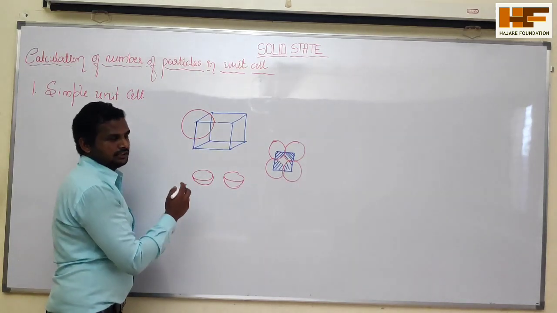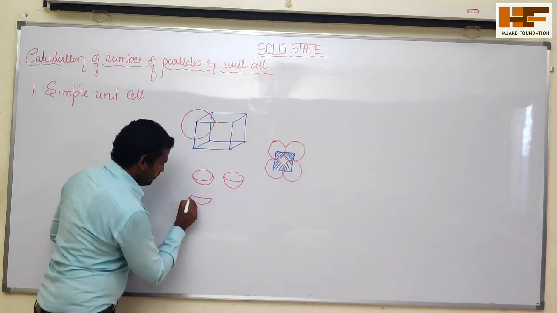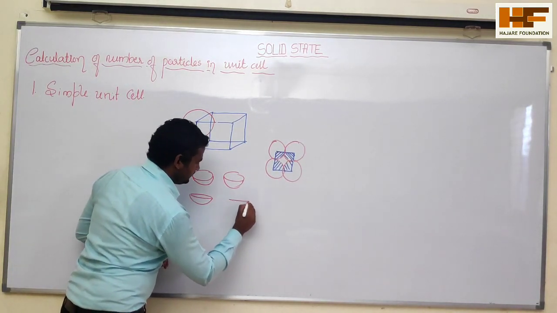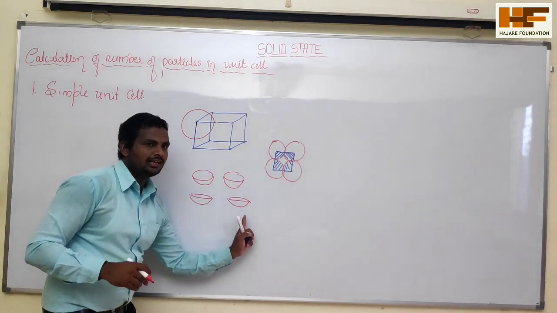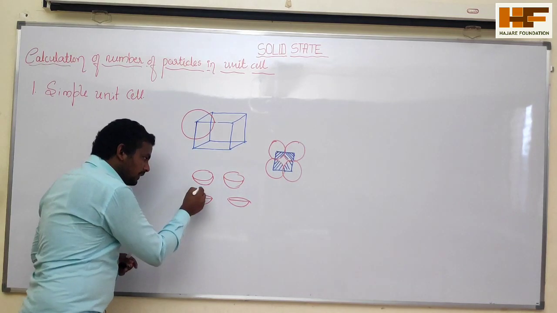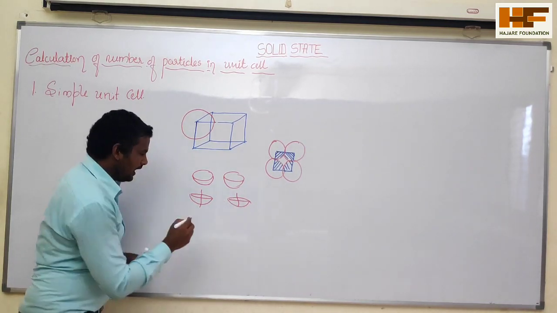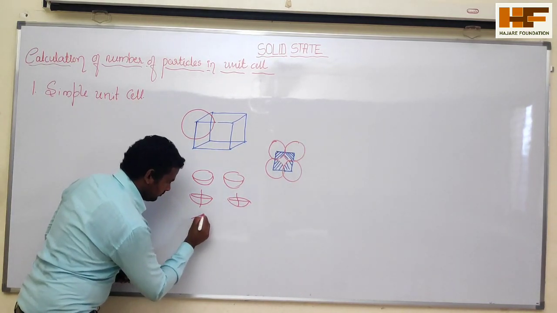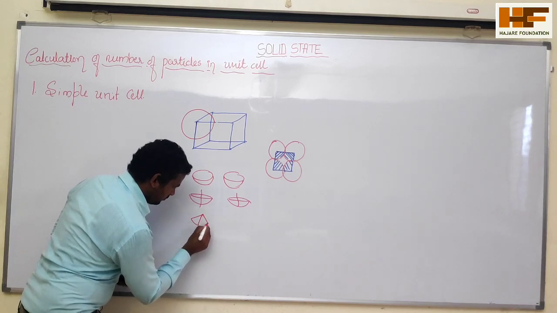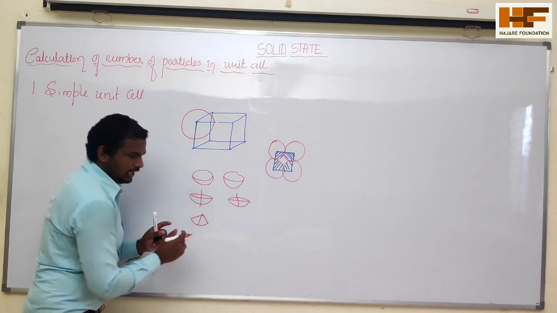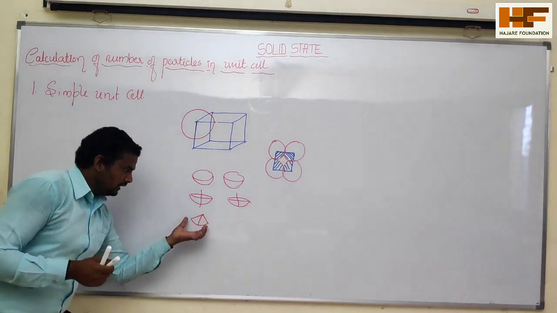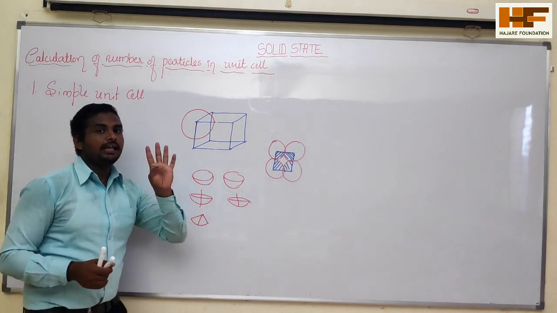If I again cut this one, I'll get 2 parts here and 2 parts here. Suppose if I cut here, again I'll get like this. Right? So this is one part. Like this we get the last part. So like this we will get 8 parts.